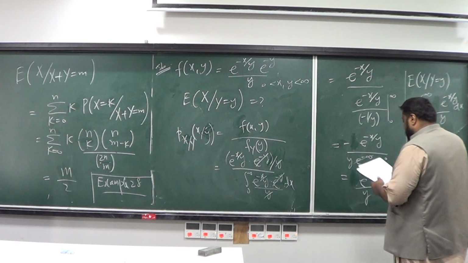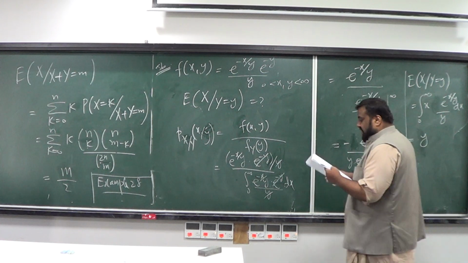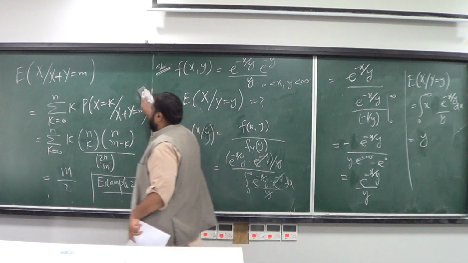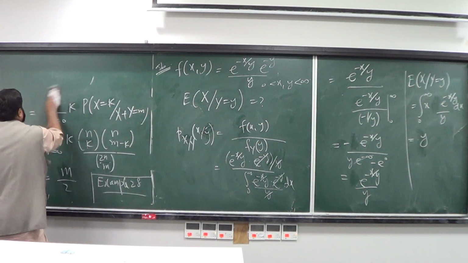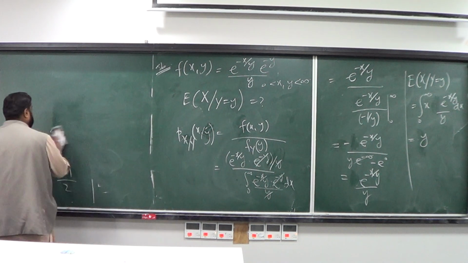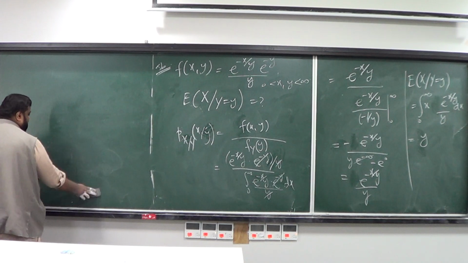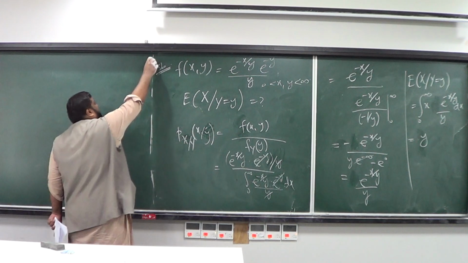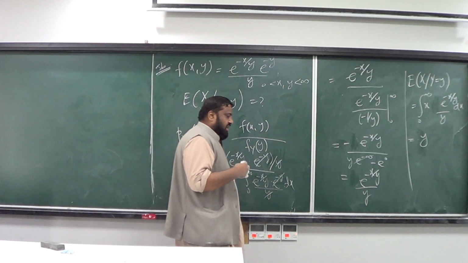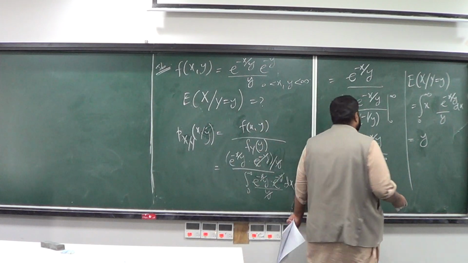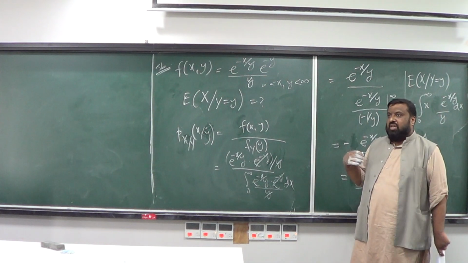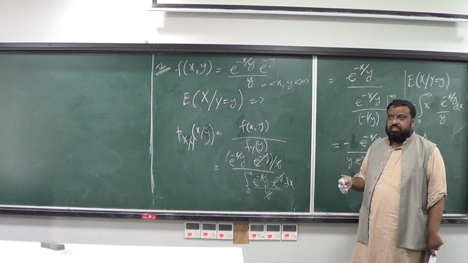So this is one of the simple examples of computing the conditional expectation, in the discrete case and the continuous case. Now, as you have a formula for computing the conditional expectation of a discrete random variable x and a continuous random variable x, you can also have a formula for the conditional expectation of a function of x.